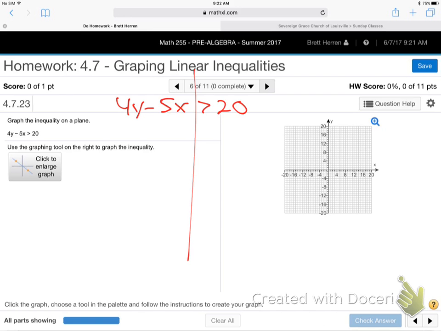So here's the wall. Y is saying I want to be alone. First step. Add 5x to both sides.